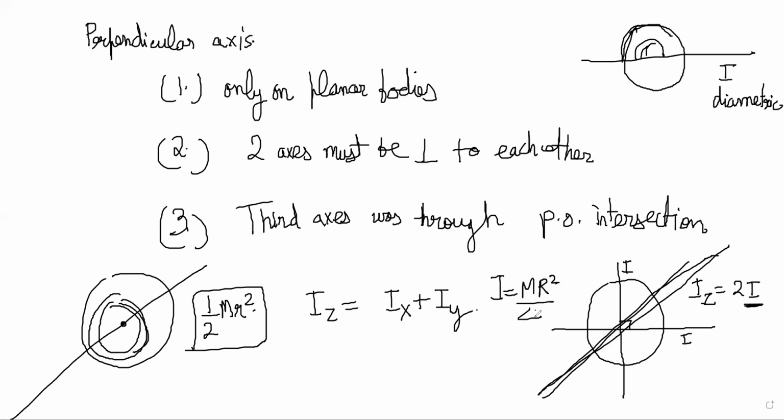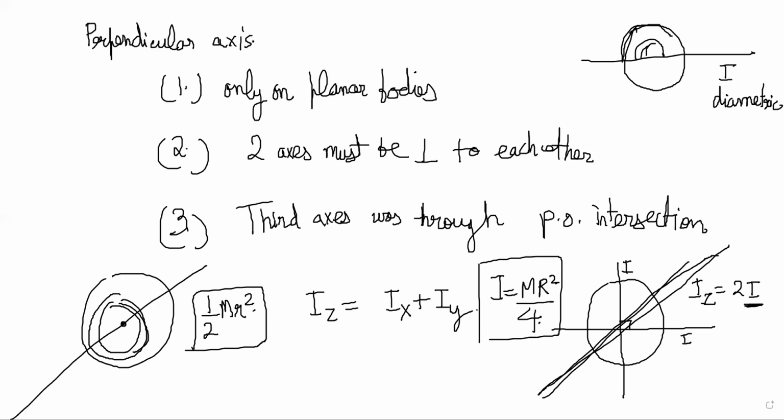Basically, you are using your perpendicular axis theorem indirectly, only imagining two perpendicular diametric lines, and that helps you get the I through the center. Okay, so that was that.